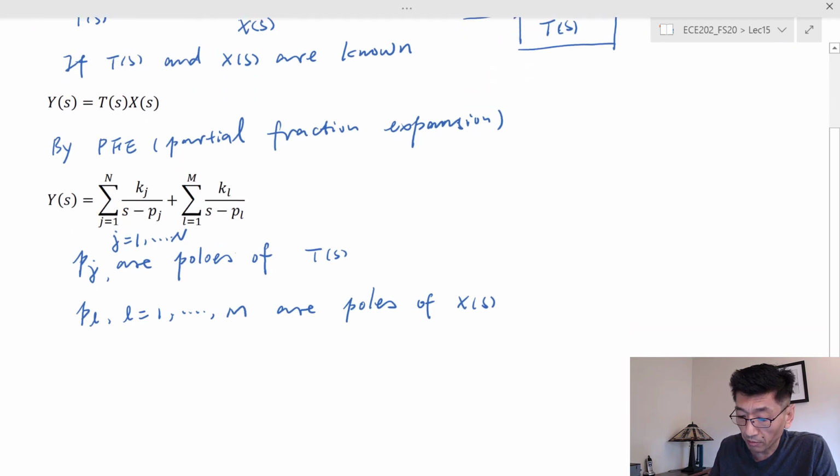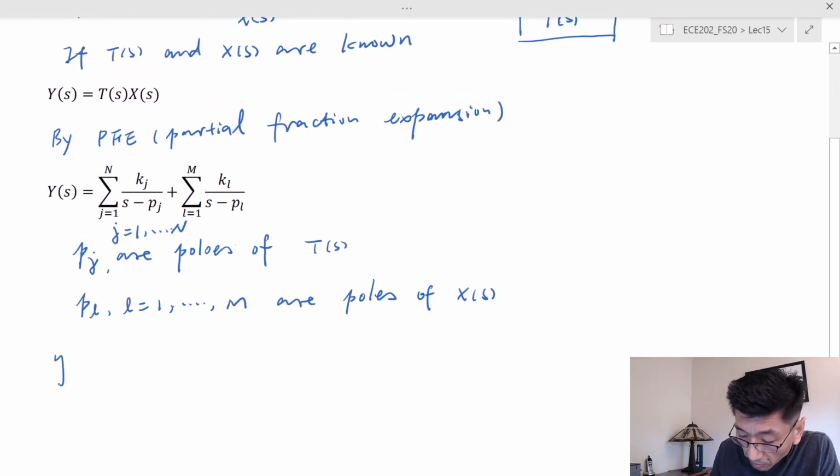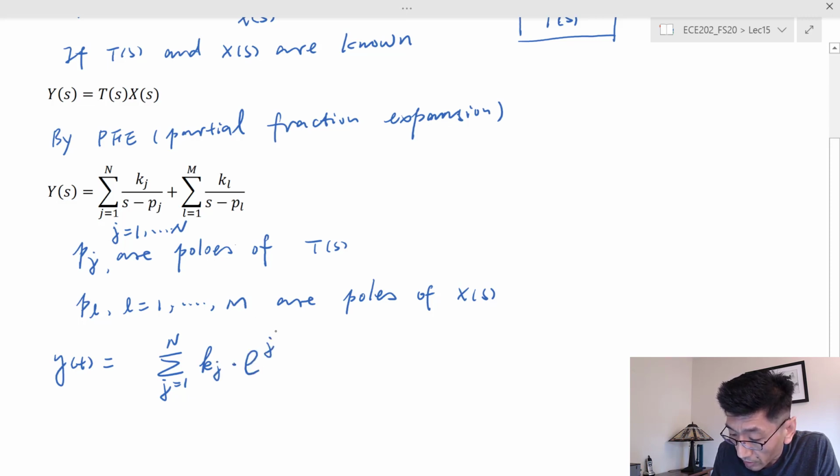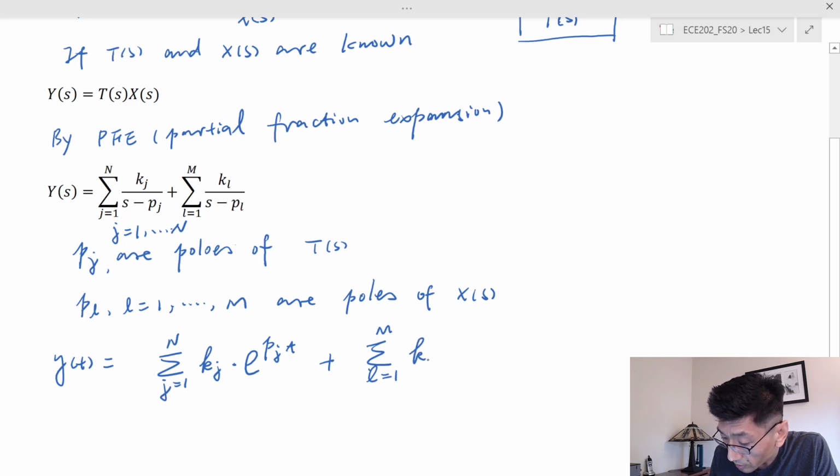Then if we take the inverse Laplace transform, y(t) is going to be equal to the sum of k_j, the residue, times e to the p_j t, plus the sum over L equal to 1 to m of k_L times e to the p_L t.